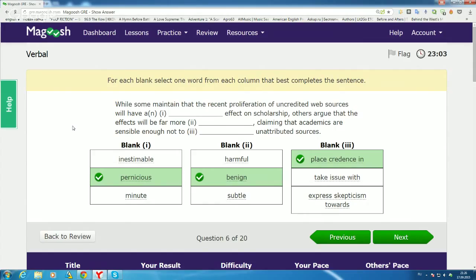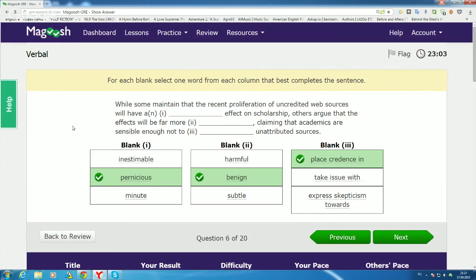So as we go through this, the first thing that we want to do is try to figure out what the text means and what could possibly go in the blanks. While some maintain that. What does it mean to maintain in this situation?